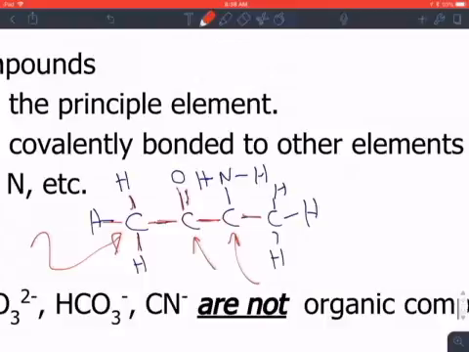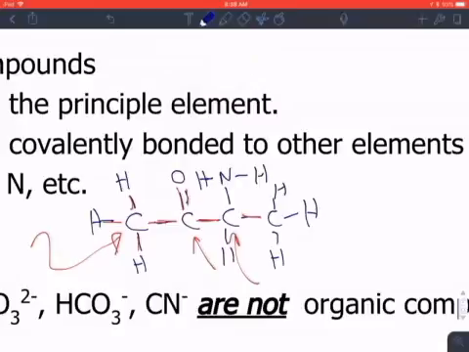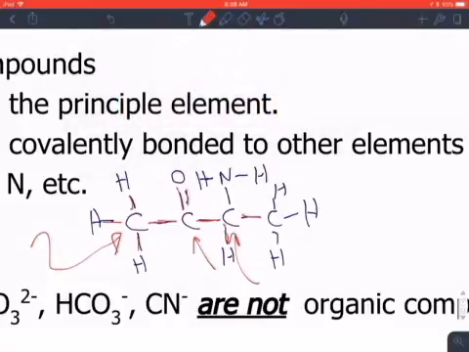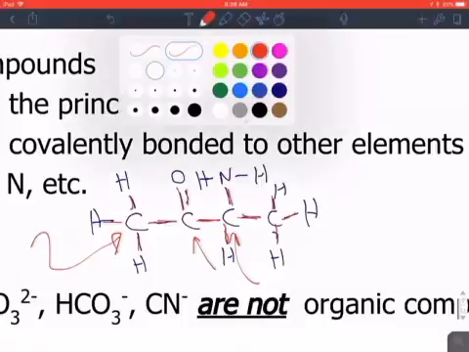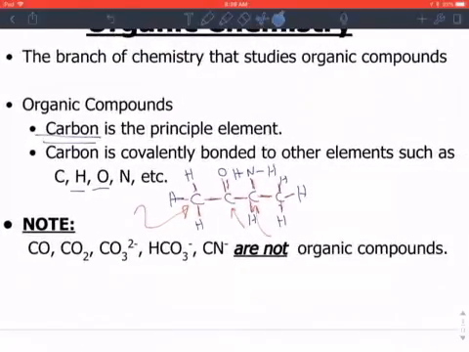I would need a double bond somewhere, so I've got a mistake somewhere. This guy actually should also have another hydrogen down here. So I caught my own mistake there. 1, 2, 3, 4, and again 1, 2, 3, 4. So carbon is a very versatile element because it can bond with 4 bonds with many other elements.